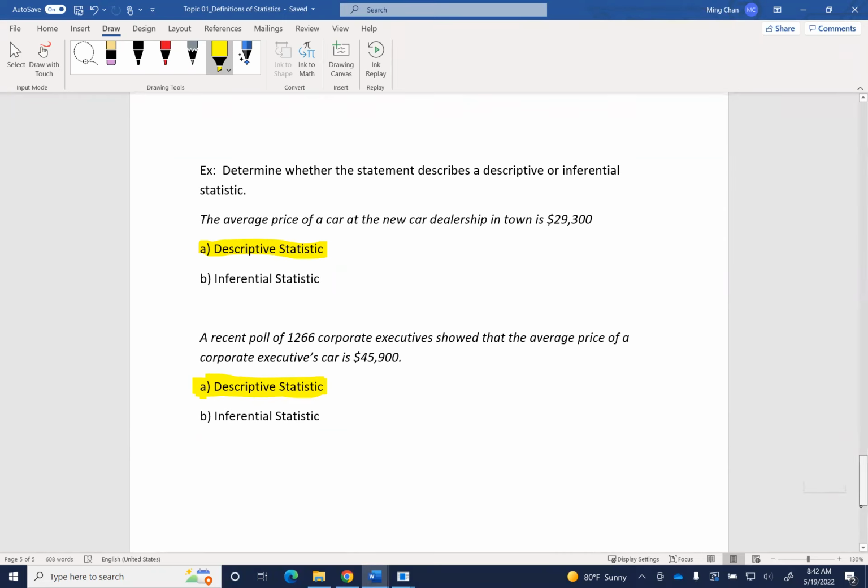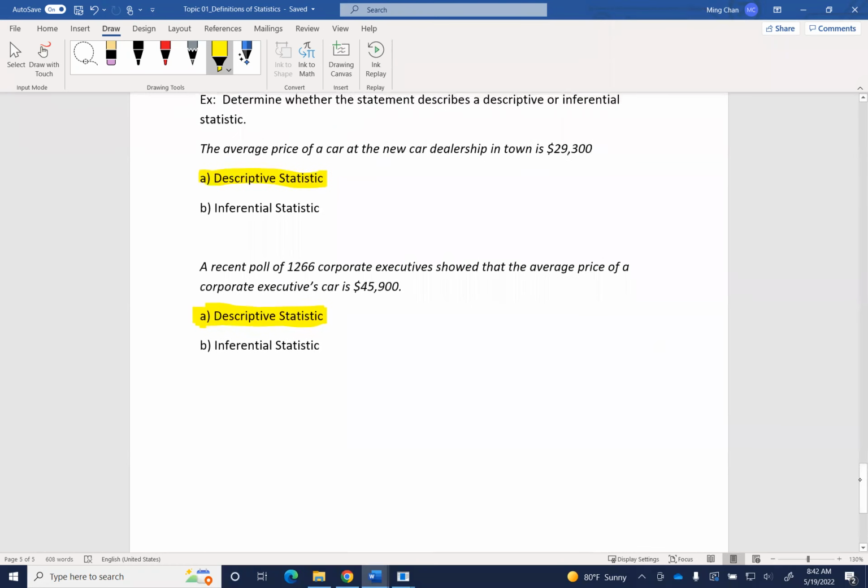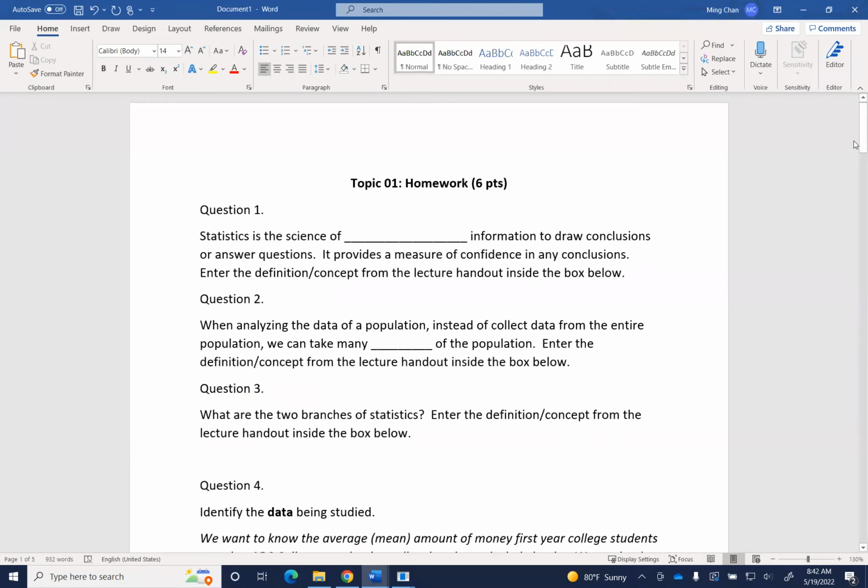Okay, so let's take a look at your homework. Same thing as what you just saw. For your homework, there are questions with answers you need to get from the lecture handouts and from the video.